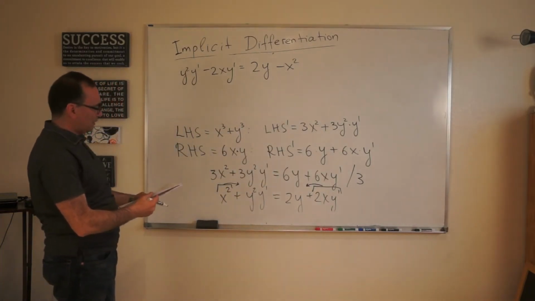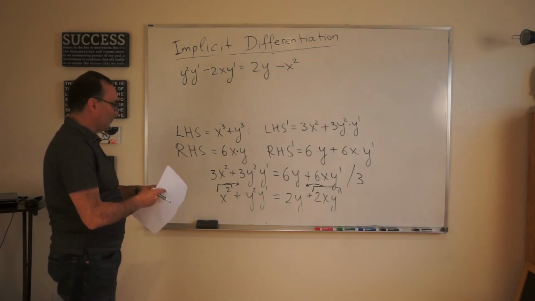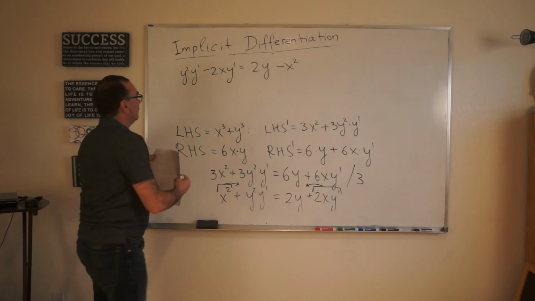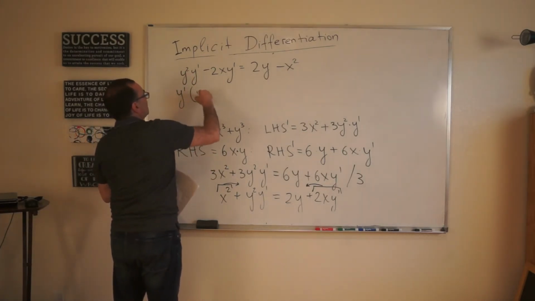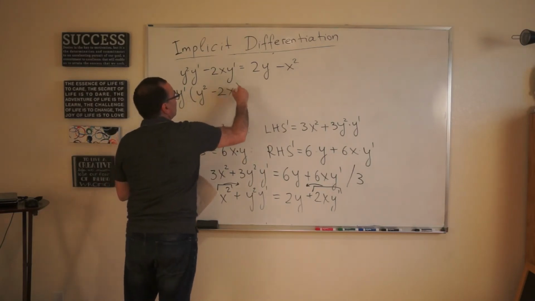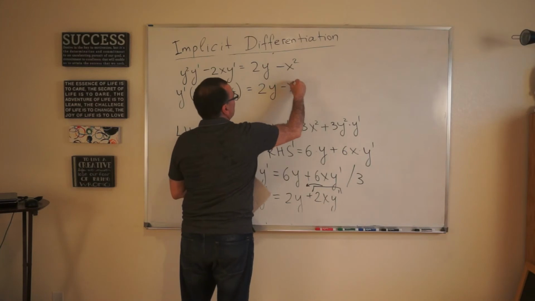And now we can factor out y prime and isolate y prime in this equation. So to factor it out, we get y prime times y squared minus 2x equals, and the right hand side we just keep as it is.